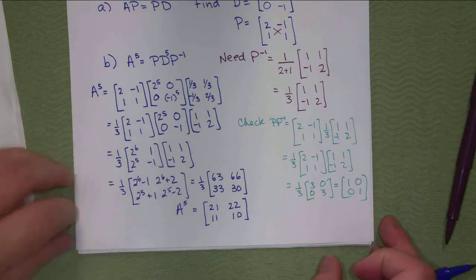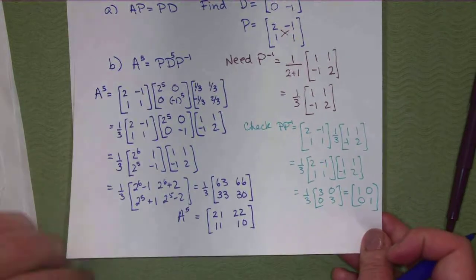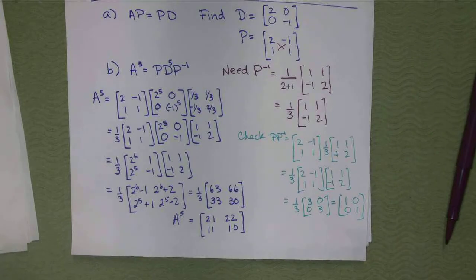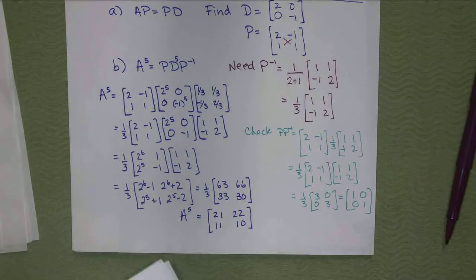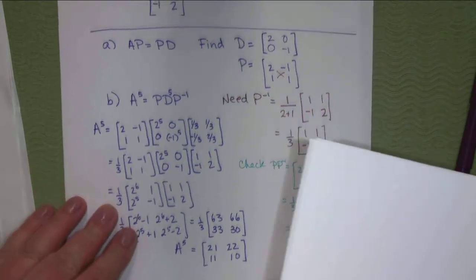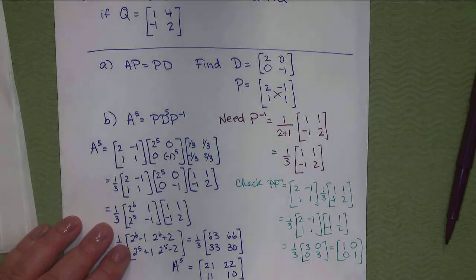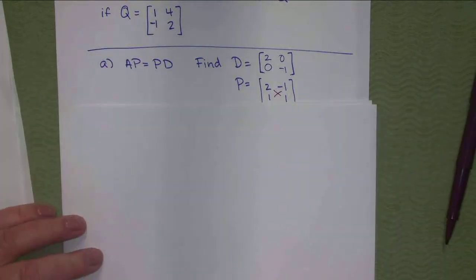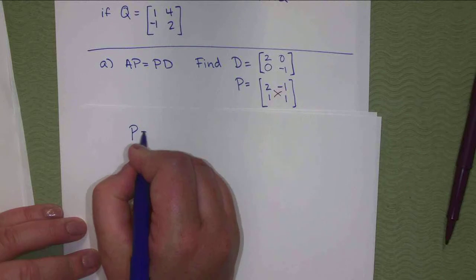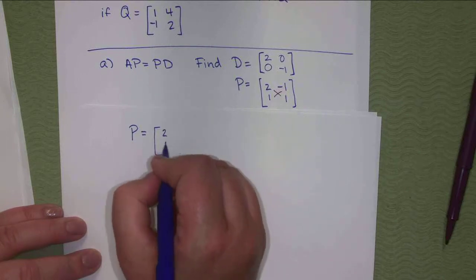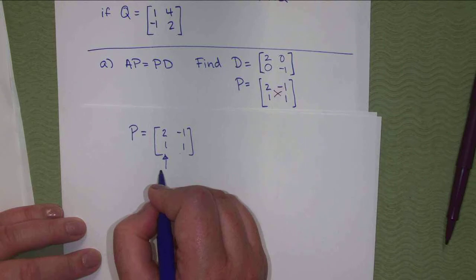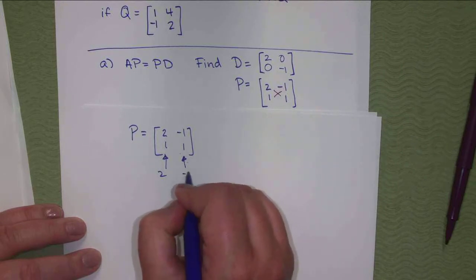Okay, now what about part C? So this has to be P in some rearrangement or multiple of the eigenvectors. So let's just write down P. This was for eigenvalue 2, and this one was for eigenvalue -1.